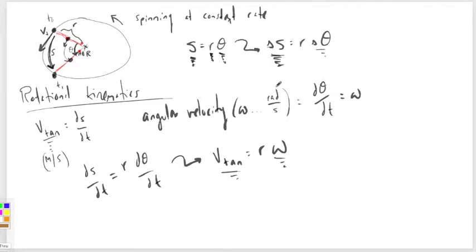Or how many radians per second is this line on which the particle is located with respect to the axis of rotation sweeping out? And always multiplying the angular quantity by the radius, where the radius is how far away that particle is, not necessarily the radius of the whole circle, but how far away that particle is from the axis of rotation. Multiplying the angular quantity times that will get me the tangential quantity, okay?